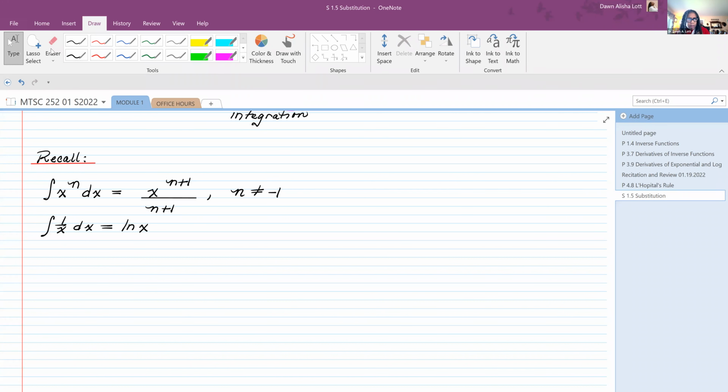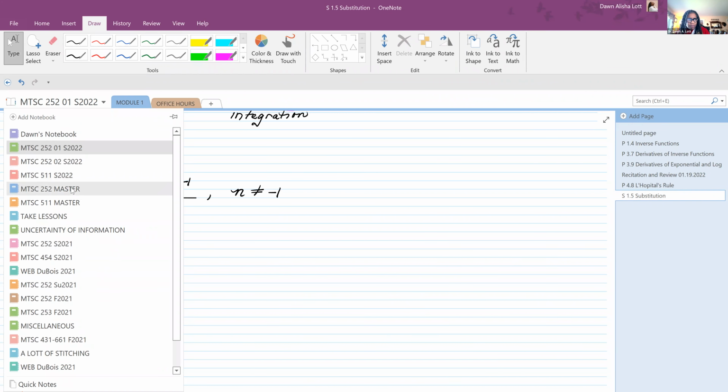Let me quickly check. I feel like I did it, but I'm not 100% sure. Integrals involving, we did derivatives. Okay, we didn't do integrals yet. All right, so let me erase that because we're not there. Let's get rid of that because that's the next section.